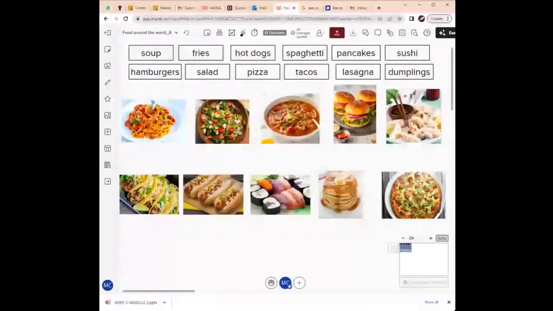Okay, so I will send you the link for you to help me to label the pictures. For example, what can you see in this part? What can you see? What is that?